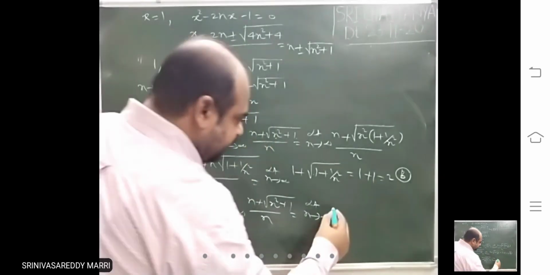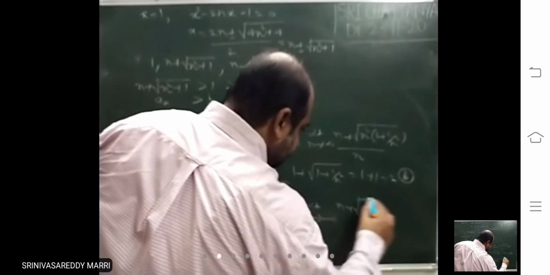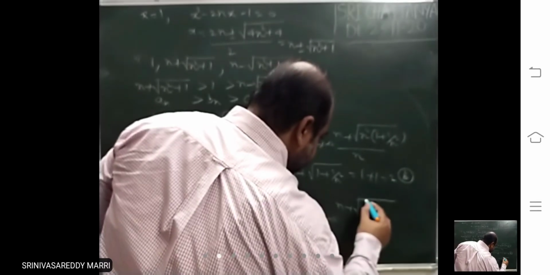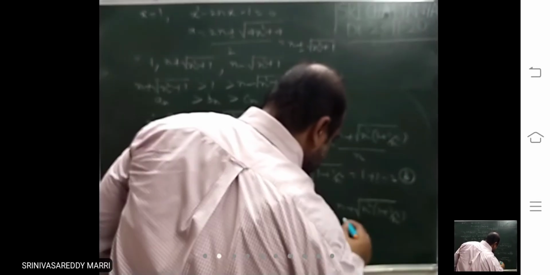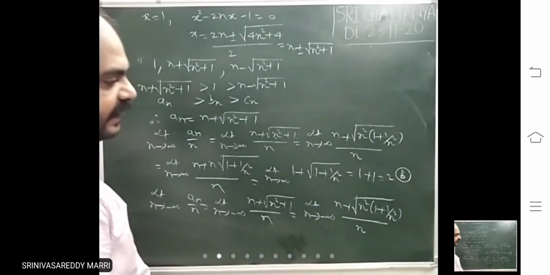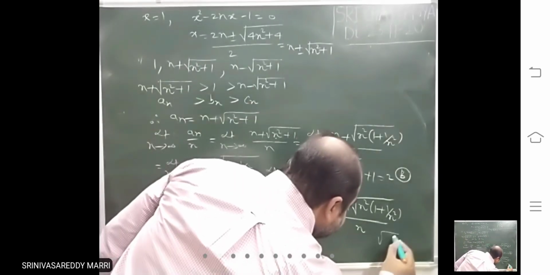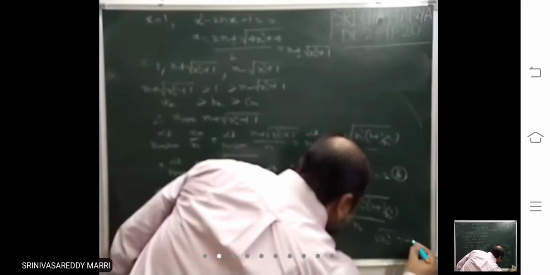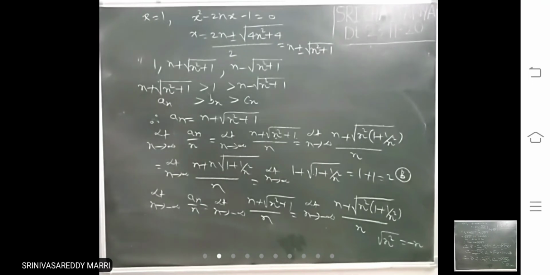Minus infinity means negative. So while taking common here, root n square must be written as minus n. Here you will make a mistake.